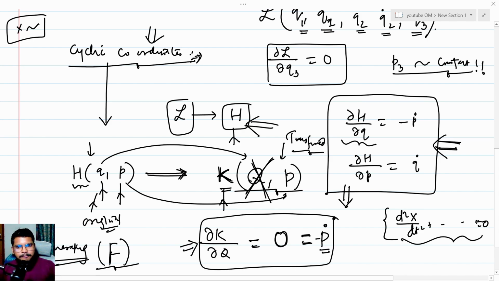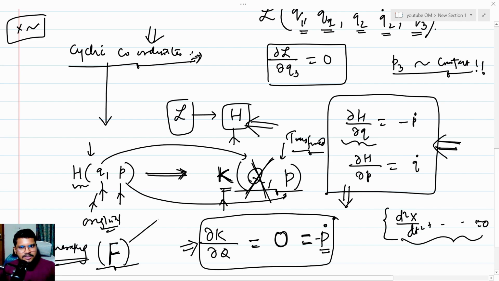So F has to depend on a mixed combination of the coordinates and momenta, some original and some transformed, and I will get some generating functions.